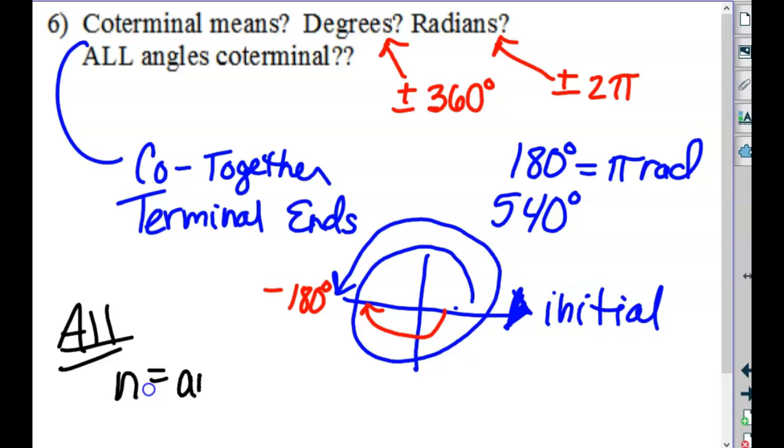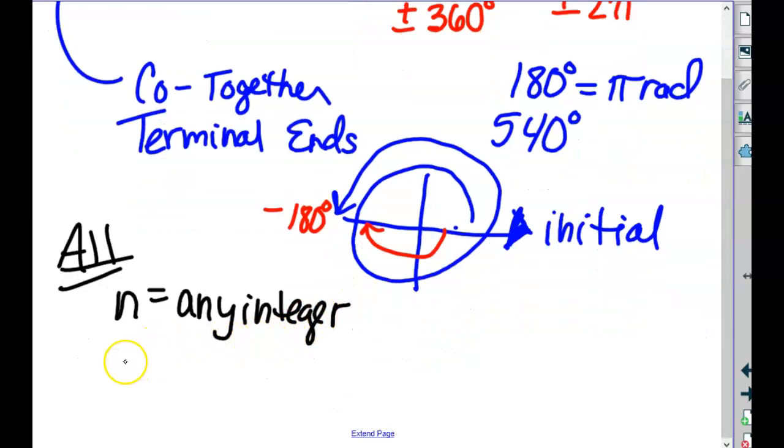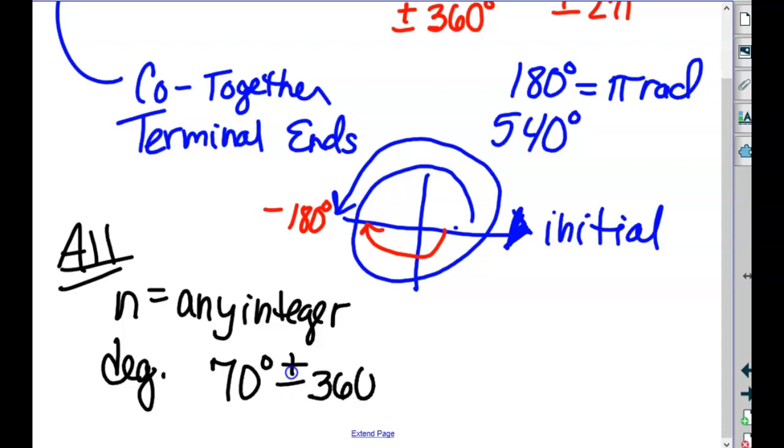where you say n is any integer, so any positive or negative number. If your answer was in degrees, like 70 degrees, and you wanted all the ones that are going to stop at that same spot, you'd say I could add or subtract 360 n times.